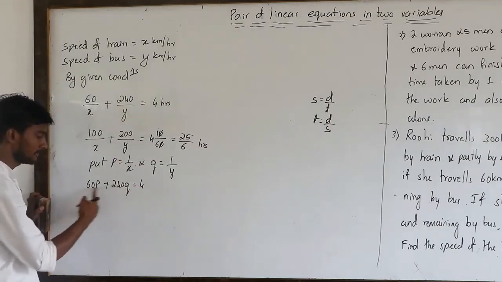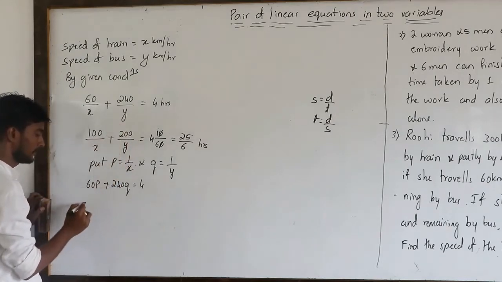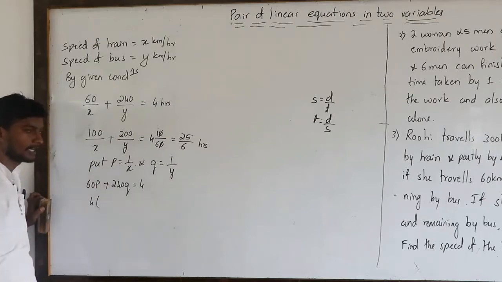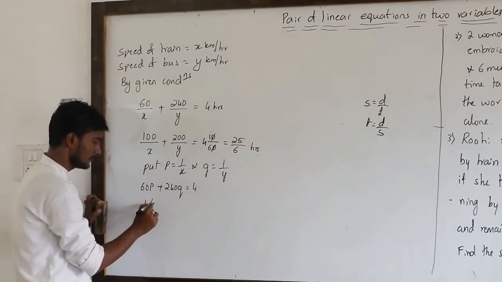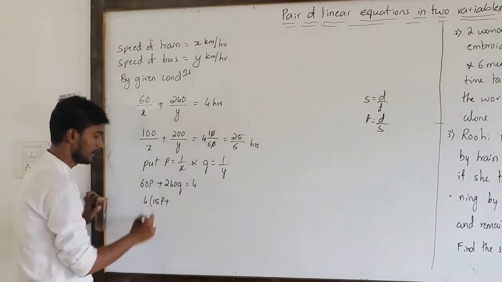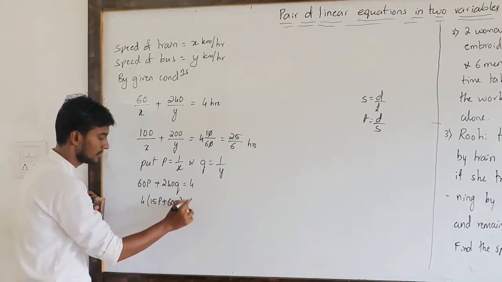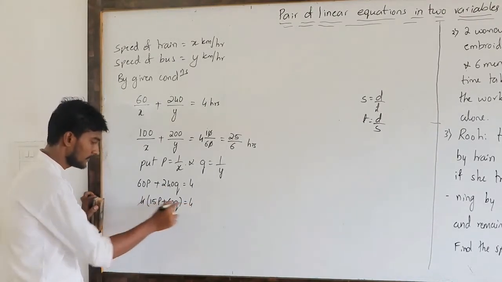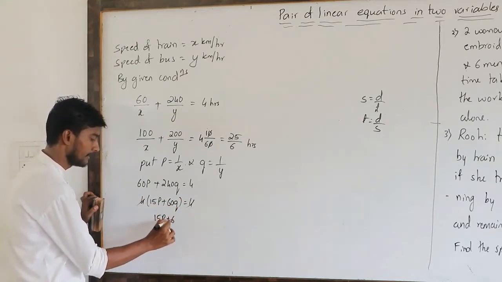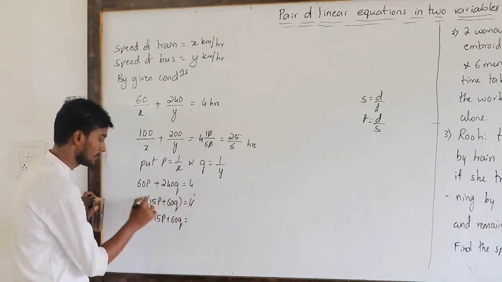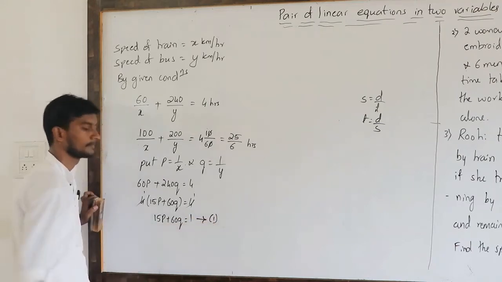So what is common here? I will take 4 common. If you take 4 common, it will remain 15P plus 60Q, 4 6s are 24, is equal to 4. So this 4 will get cancelled. What is left? 15P plus 60Q is equal to 1. Take it as equation number 1.